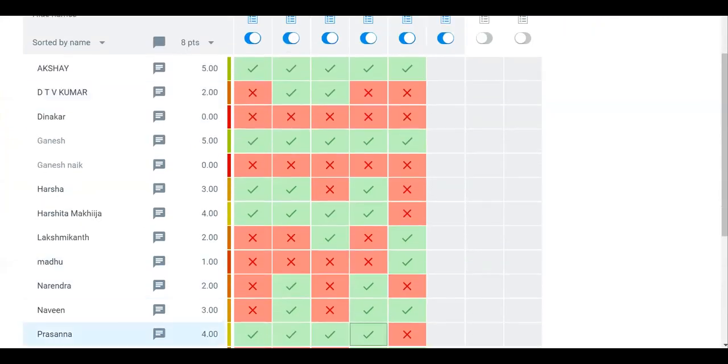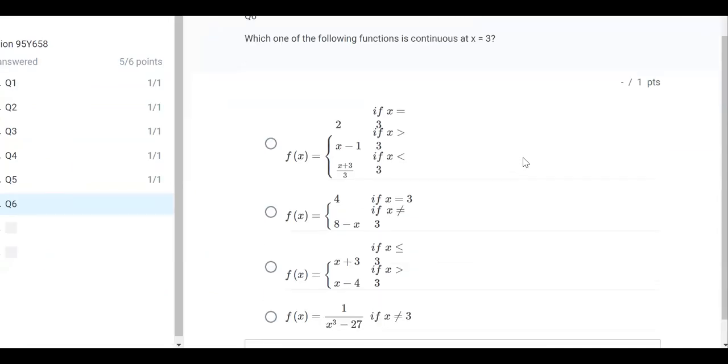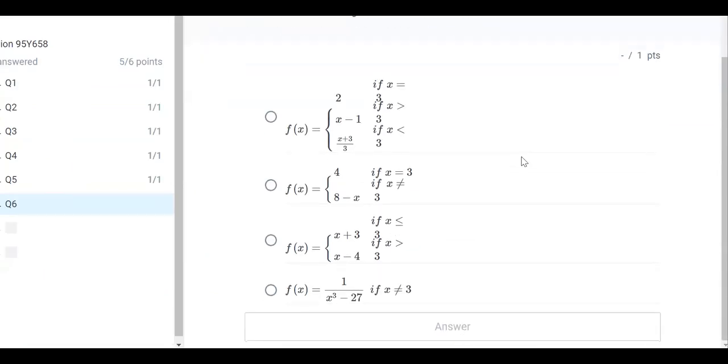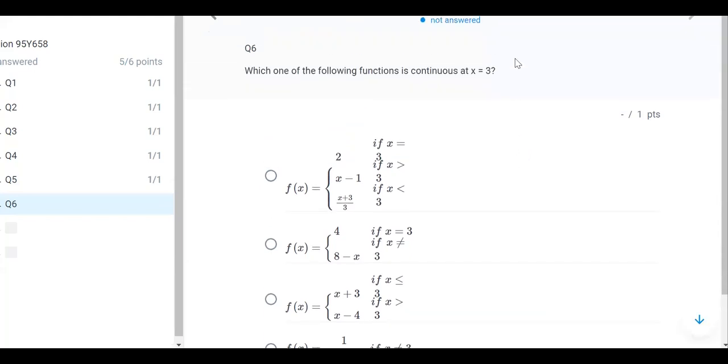Okay, question 6. Which one of the following functions is continuous at x equal to 3?